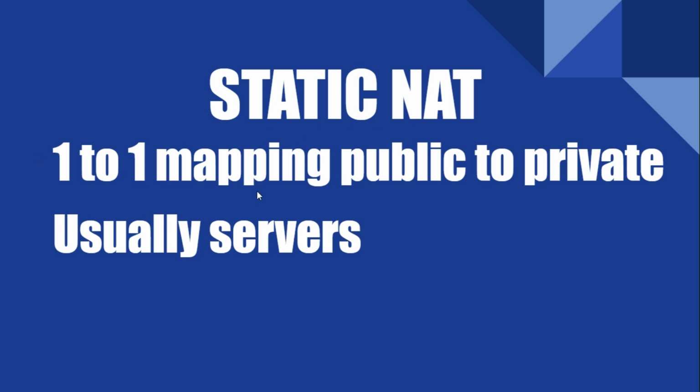So that means for every one public IP address, mind you, public IP addresses cost money. So you have to pay for a public IP address, whether it's your company or what have you. For every public IP address, that is costing money, that costs dinero.